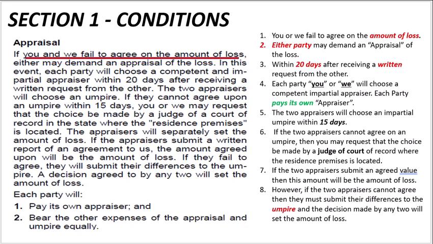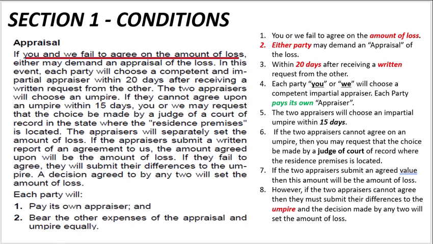You have 20 days to do that and you must submit a written request. It must be in writing. It can't be verbal. So there's a form that is used in the industry that names your appraiser, and then they have to fill it out and respond naming their appraiser, and it's all documented in writing, but the request here has to be in written format, informing the other that you're invoking this provision.